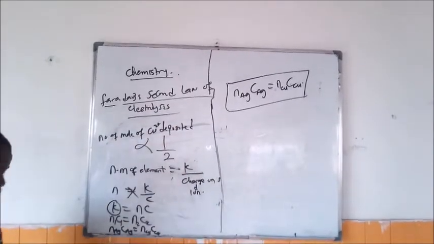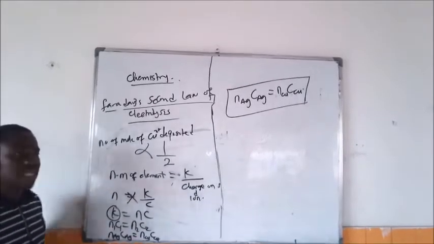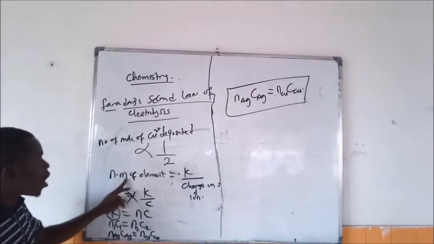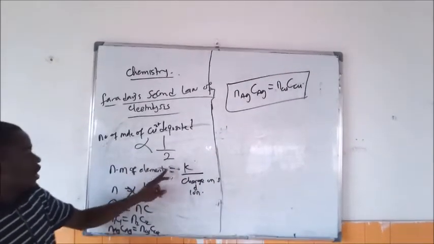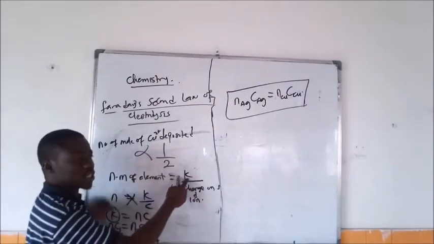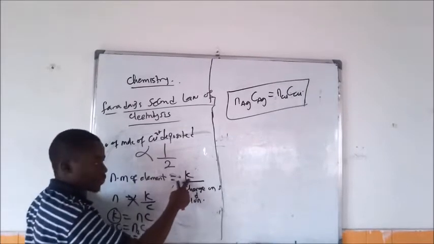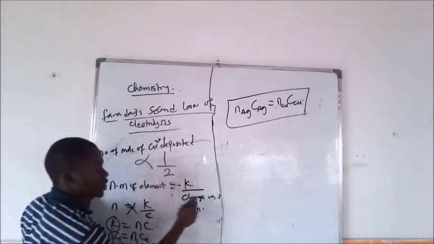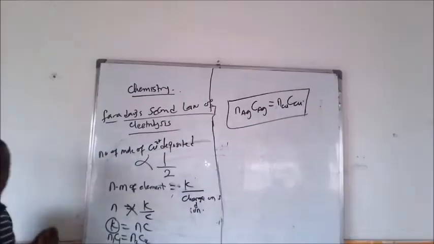When you put the 2, we can then say that the number of moles of elements is equal to K, because this proportionality sign will eventually change to K, which is divided by the charge on the ions.